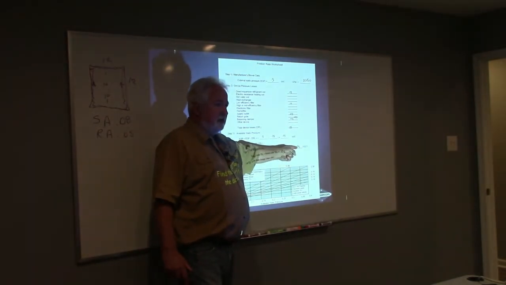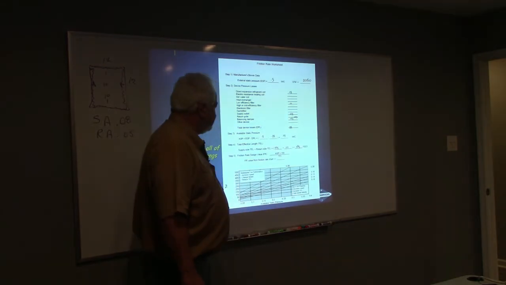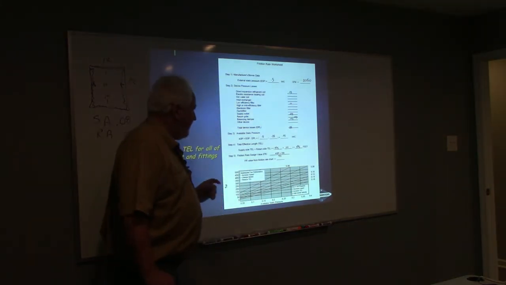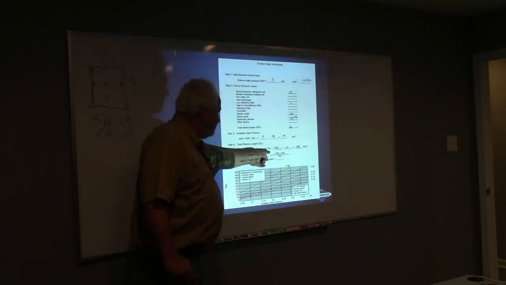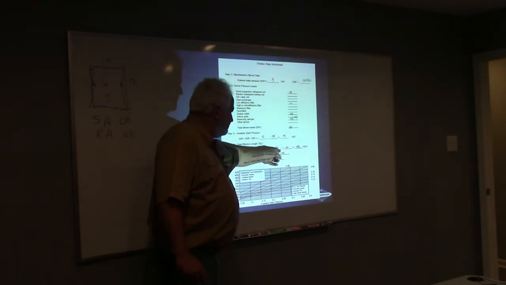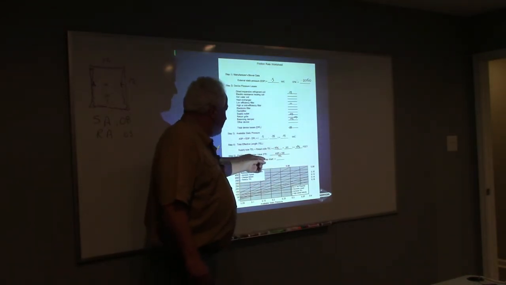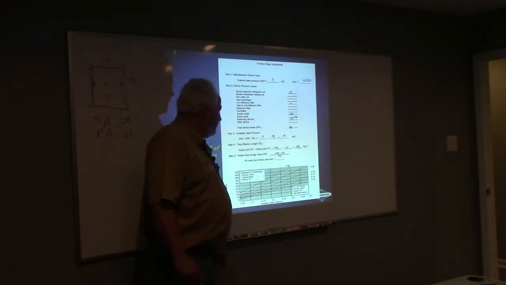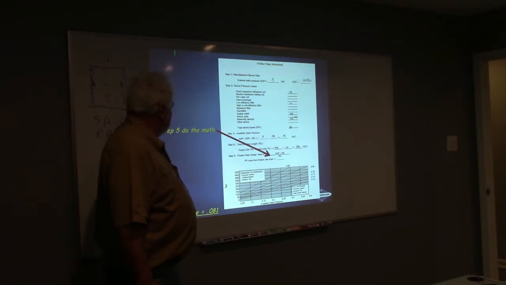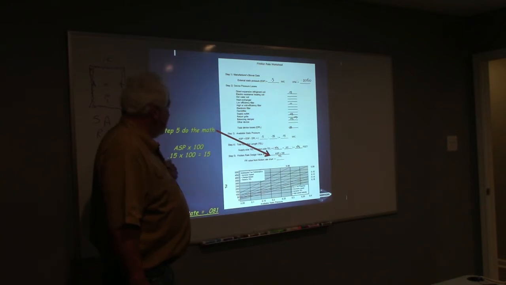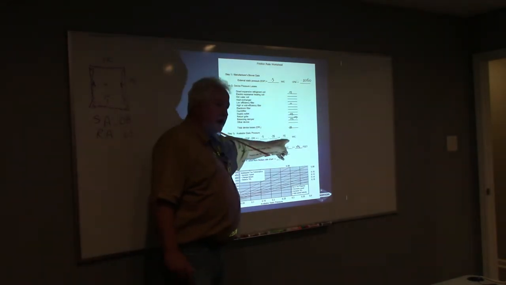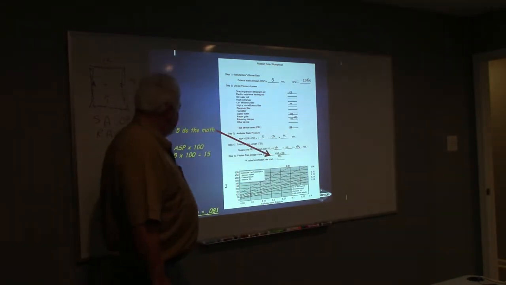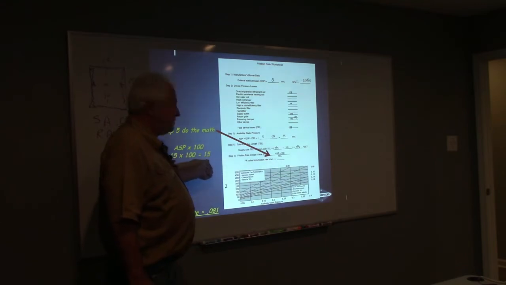Everybody with me so far? All right. So with that, I can take the available static pressure times 100 divided by my total equivalent length. So step 5 with the math: ASP times 100, where 0.15 was my available, times 100 equals 15. Everybody follow that so far?